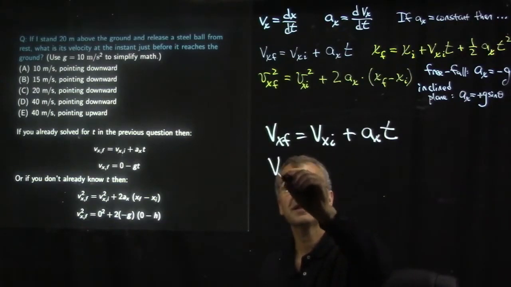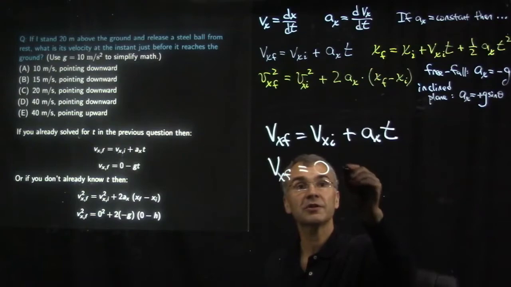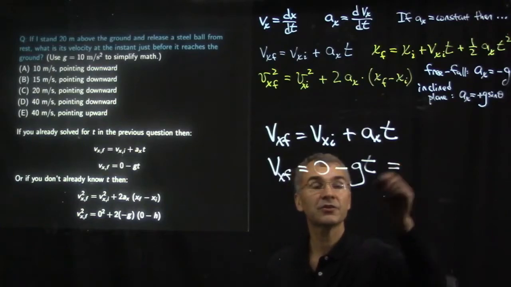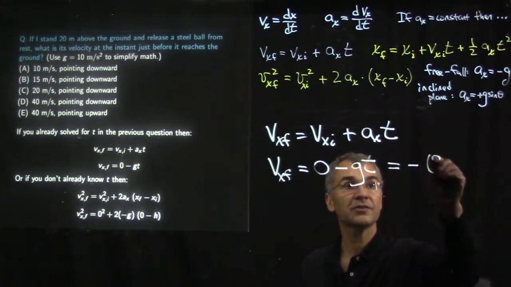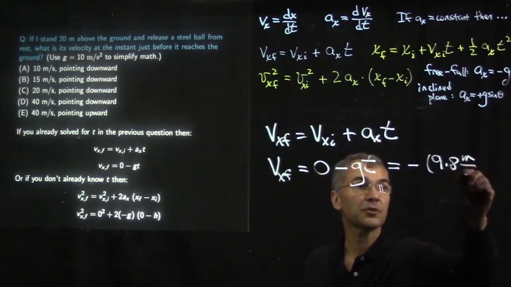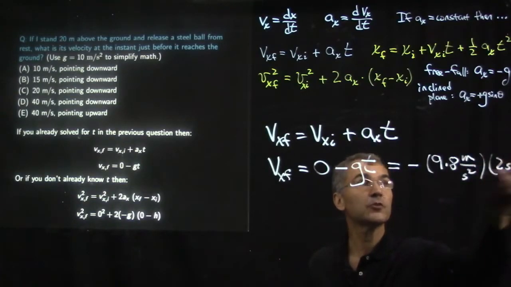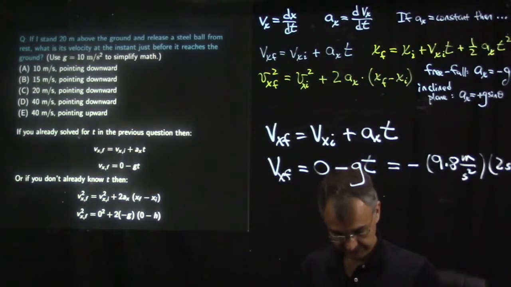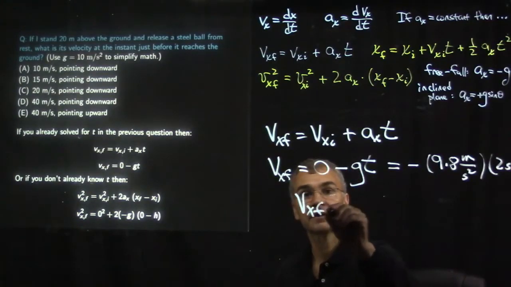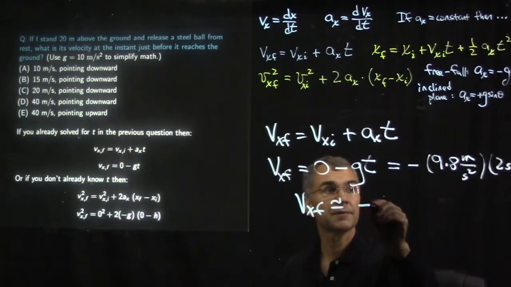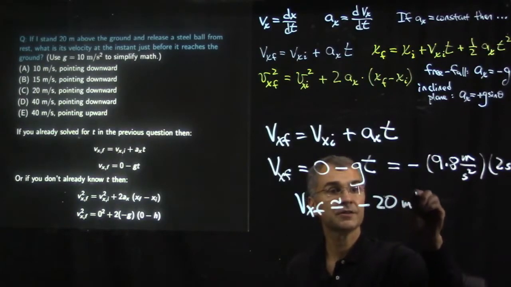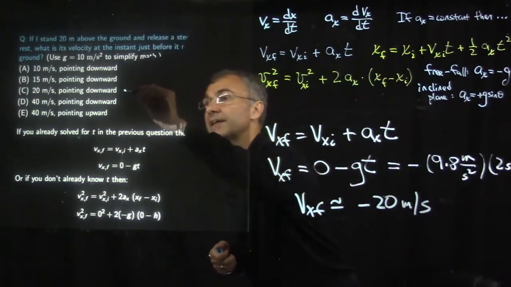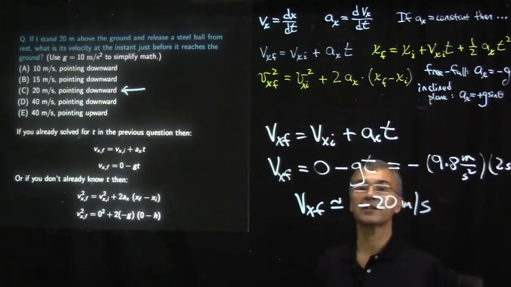So we know Vx initial was 0, and a sub x was minus g. So there's minus gt. So 0 minus gt. This is minus, and this is 9.8, or it could be 10, meters per second squared, and then we had about 2 seconds. So it seems like the answer is going to be that Vx final is pretty close to minus 20 meters per second. So I think I like that. 20 meters per second pointing downward.